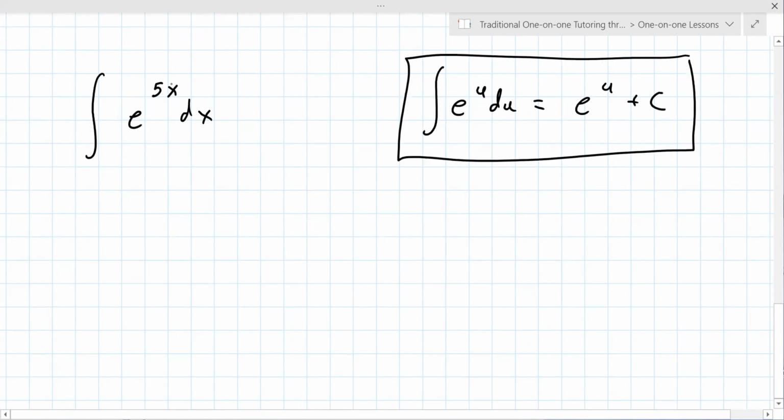The one on the left has this 5x. So you set u equal to 5x. What is du this time? It's 5x. Why? Because we need to make it look like e to the u. So if u is 5x, then this becomes the integral of e to the u.